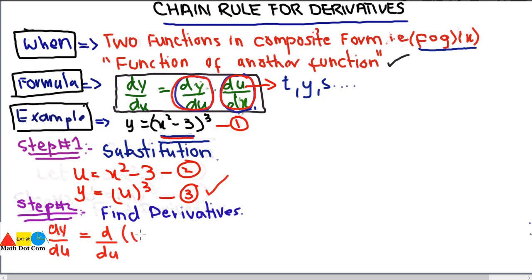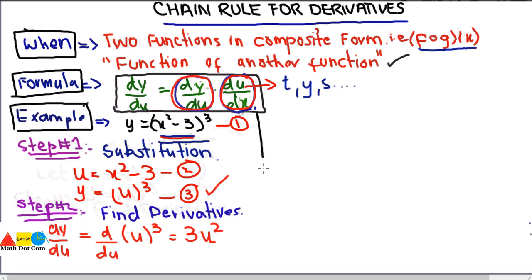Now it is clear that the equation is completely in terms of u, so you are going to differentiate with respect to u. As in our previous lectures we saw x, here we have u, so we deal with it using the power rule. We move the 3 to the front and subtract 1 from the power, so we get 3u square. So this is dy by du.